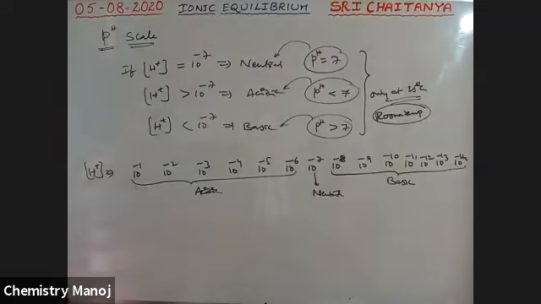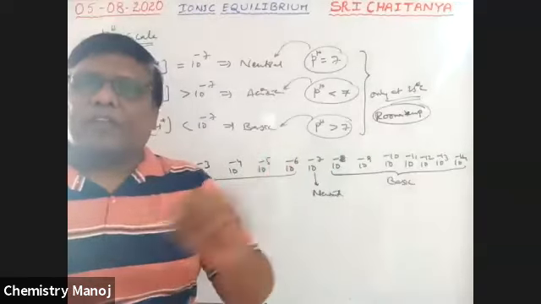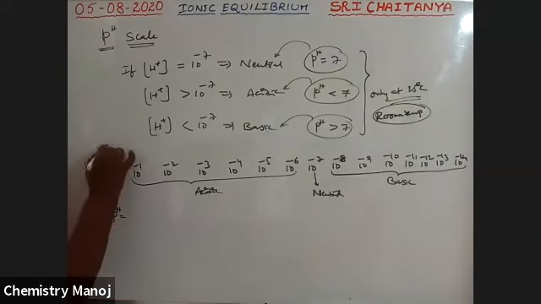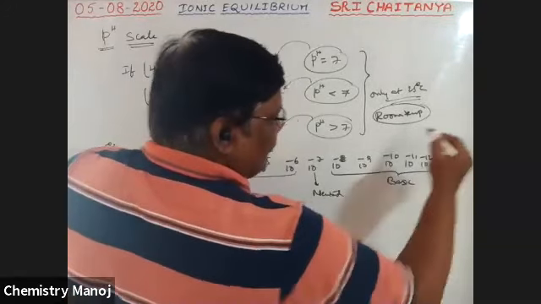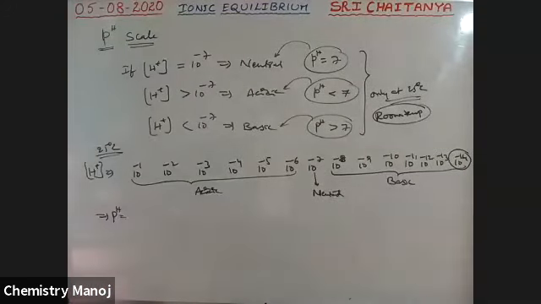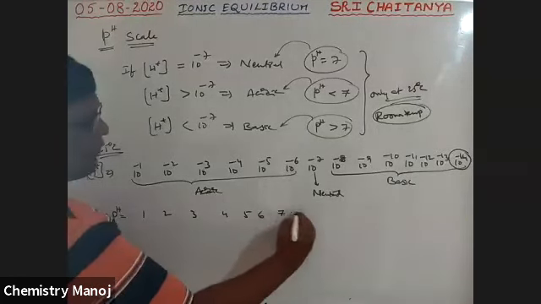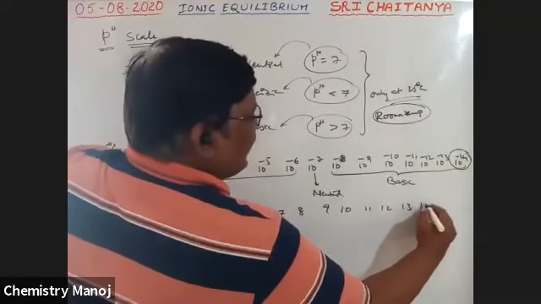But it is difficult to express 10 power minus 7, 10 power minus 6, 10 power minus 14. That's why, to simplify this concept, it is converted into the pH scale, at 25 degrees centigrade, boys. This scale exists because the Kw value is equal to 10 power minus 14, the final case, which is applicable only at 25 degrees centigrade. So pH is equal to 1, 2, 3, up to 14.